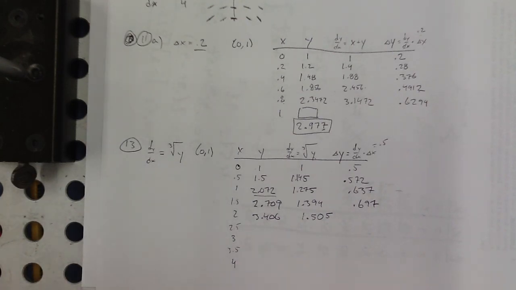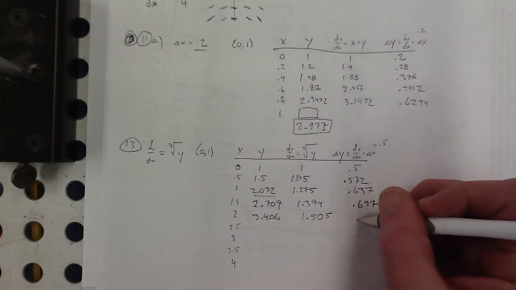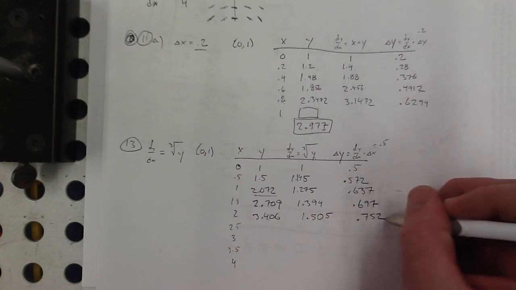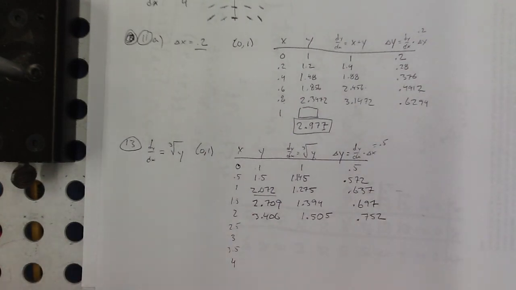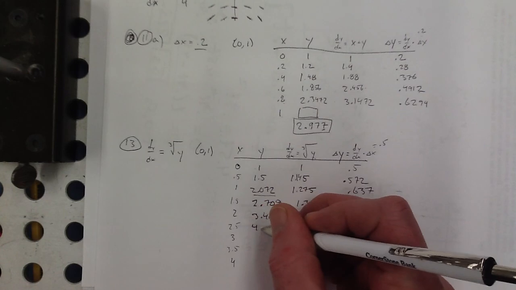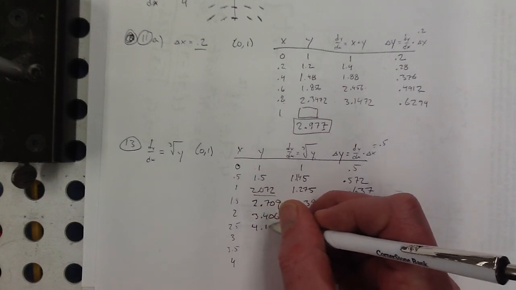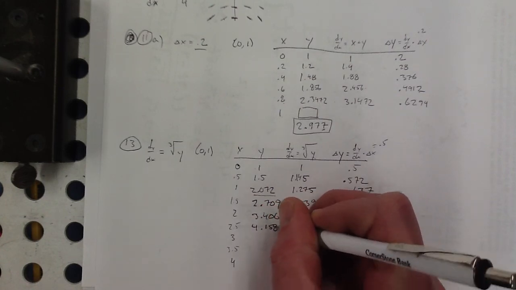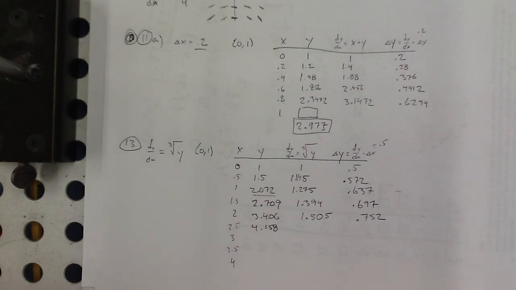So look at me, I'm losing my place. Okay, so I need to multiply this by 0.5. Then I add that back to 3.406. Then I need the cube root of that.